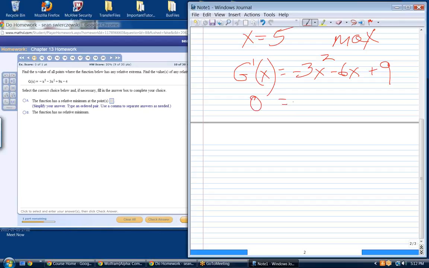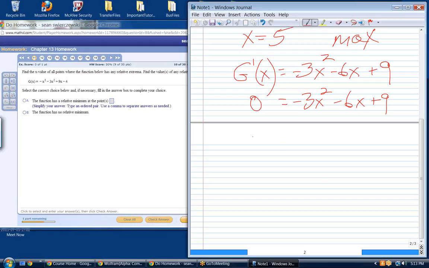So I'm going to set that equal to 0 and solve this. What's the best way to solve this? If I pull out a 3. Okay, how about we divide both sides of the equation by negative 3?